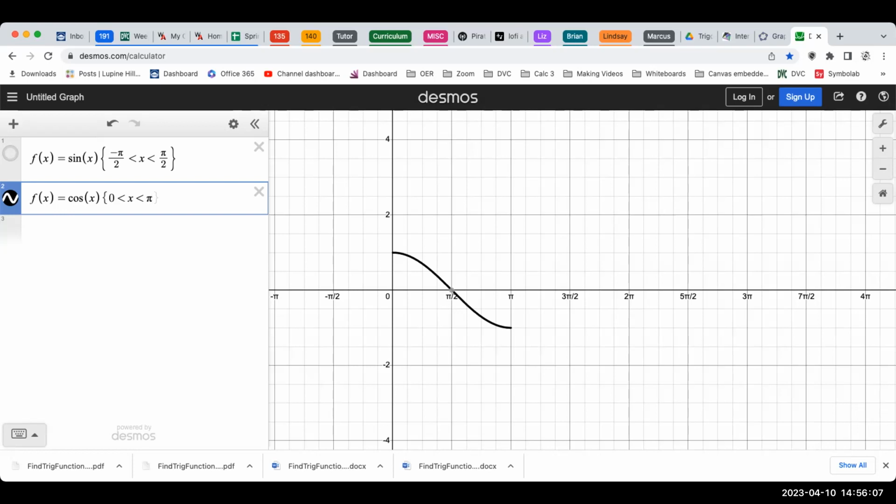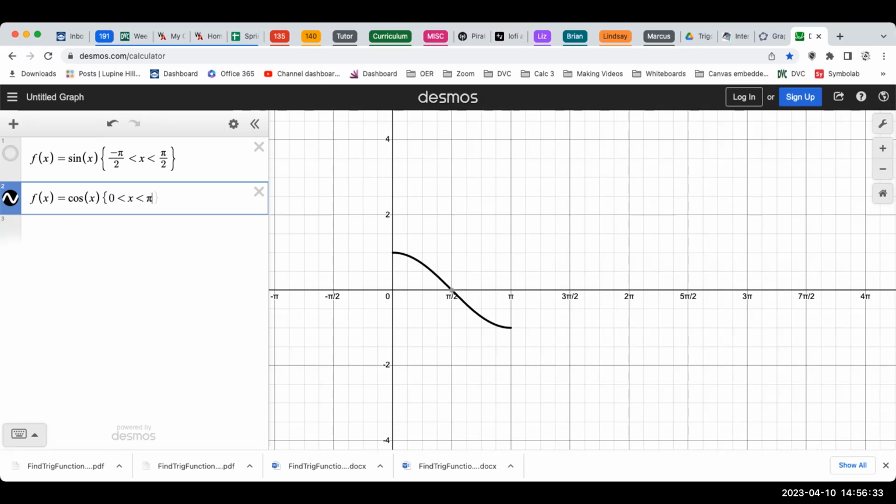So therefore, now they are 1-to-1 on these restricted domains. What's the range of this guy? I asked you guys function notation. What's the interval to describe the range? What are the y values going from what to what? From -1 to +1, right?